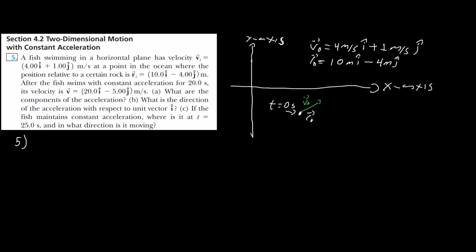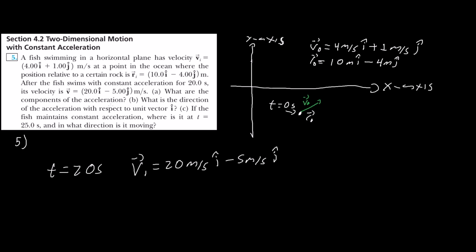And it's going to accelerate for 20 seconds. So at t equals 20 seconds, its final velocity is this. After 20 seconds, its final velocity is going to be 20 meters per second in the i hat direction, minus 5 meters per second in the j hat direction.